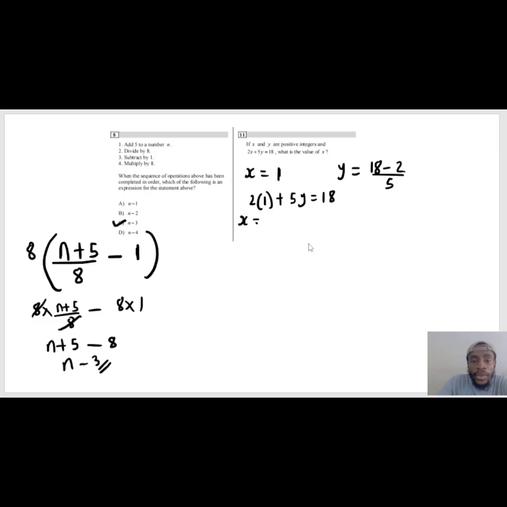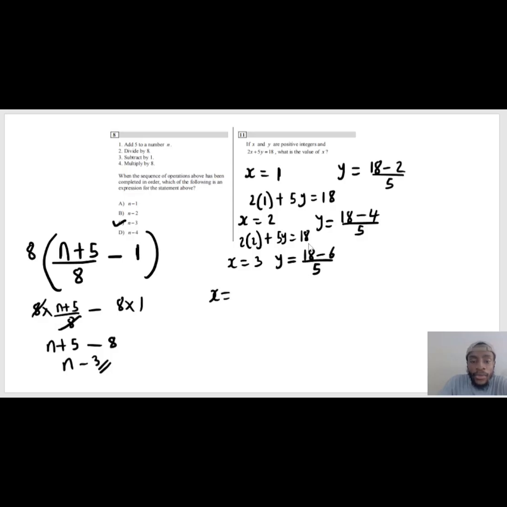Try x equals to 2, that will be 2 into bracket 2 plus 5y equals 18. Then y will have to be 18 minus 4 over 5. The same thing will happen here. If you do for x equals 3 now, that will give you y equals 18 minus 6 over what now? 5. Still the same thing.